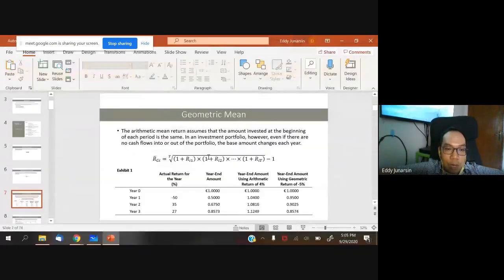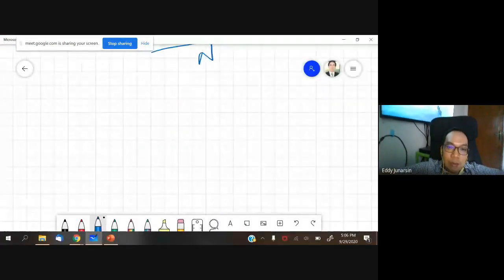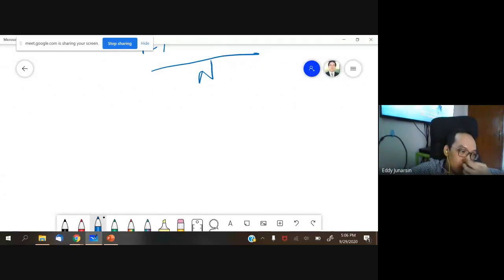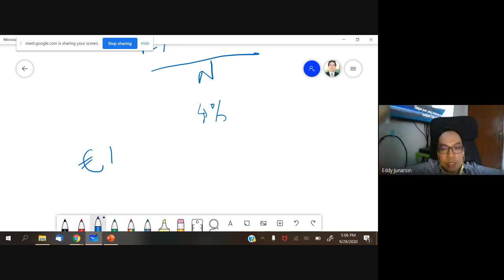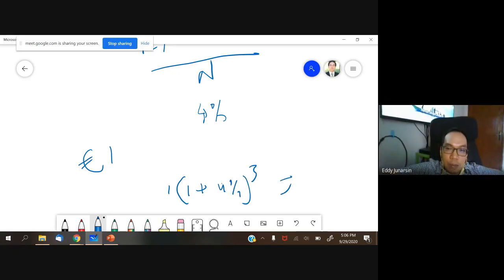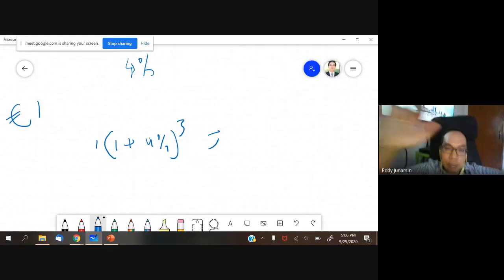If we have €1, and you earn 4%, how much should it be after 3 years? There's 1 multiplied by 1 plus 4% to the power of 3. How much should it be? Can you calculate quickly?